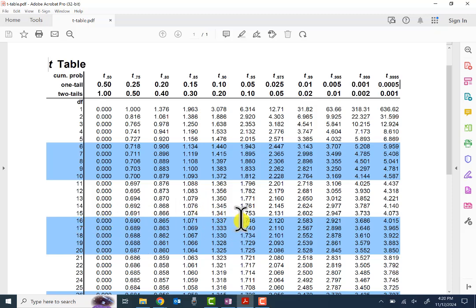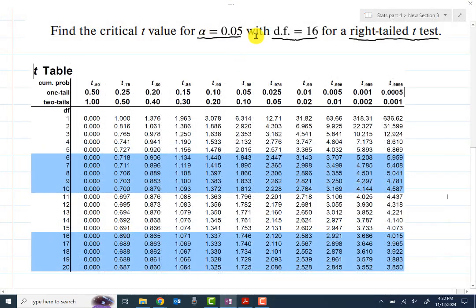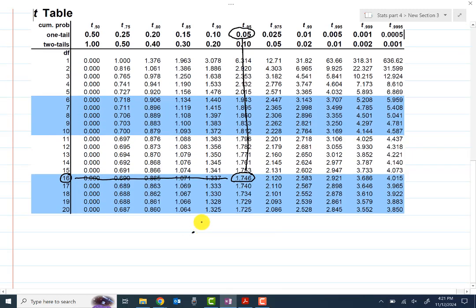And look where these two meet, 1.746. So first of all, let's track down our alpha level. That's this one right here. So there's my column. The degrees of freedom is 16, so there's my row. So our critical t value then is t equals 1.746.